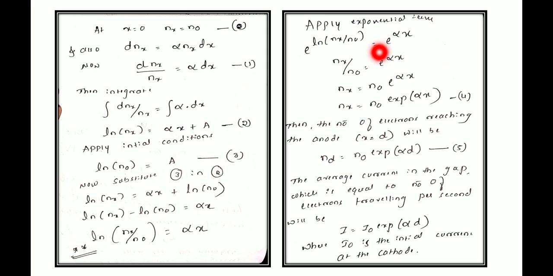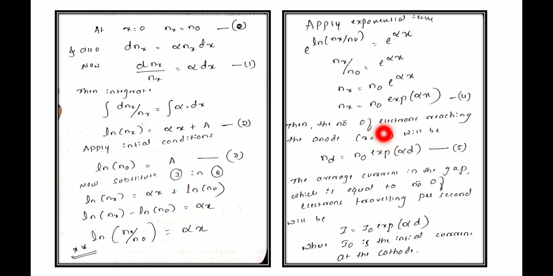I can rewrite the equation like n(x) is equal to, taking this term to the right hand side, n naught exponential of alpha x. So I can write it like this also: n(x) is equal to n naught exponential of, in the bracket, alpha into x. Is it right? So this is the equation for the number of electrons which are reaching the anode.